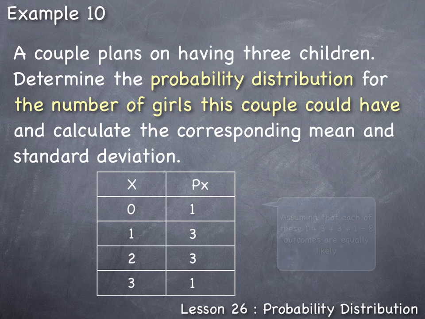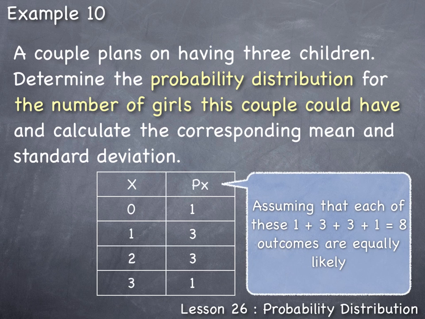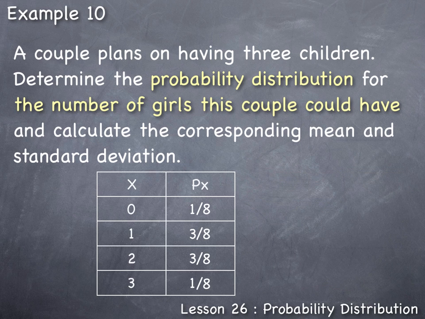Now, to find the probabilities, we take this count and divide by the total number of possible outcomes. And assuming that each of these 1 plus 3 plus 3 plus 1, which equals 8 outcomes, are equally likely, we can then divide these frequencies by the total of 8. So now we have our probability distribution for the number of girls born in a 3-child family.